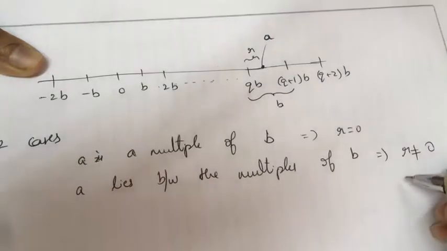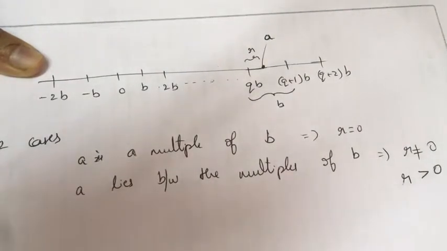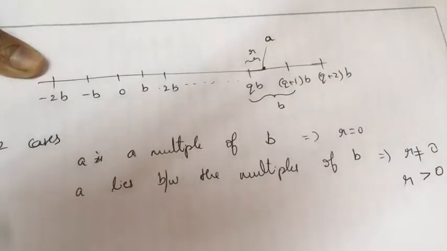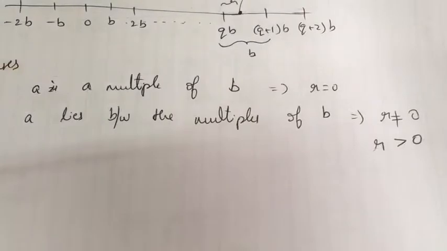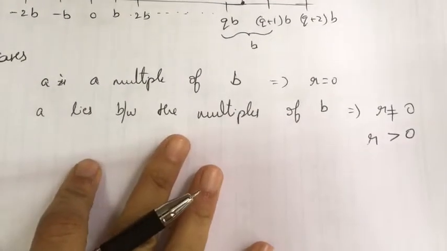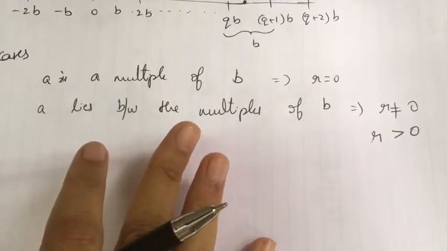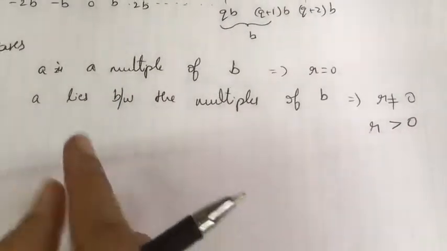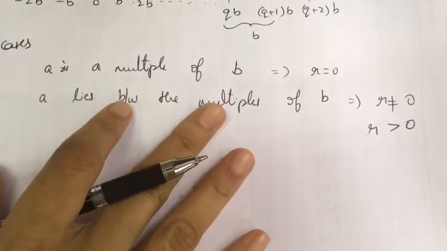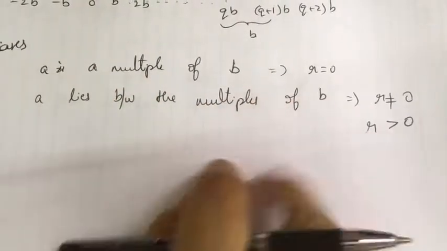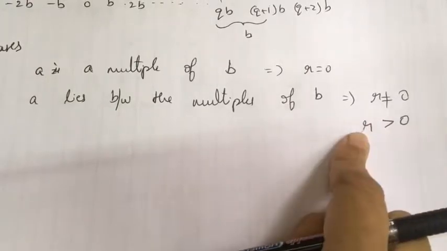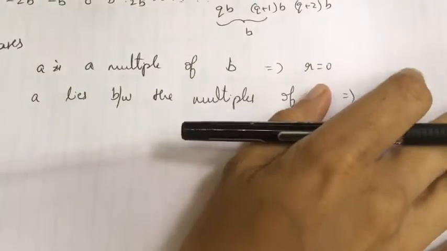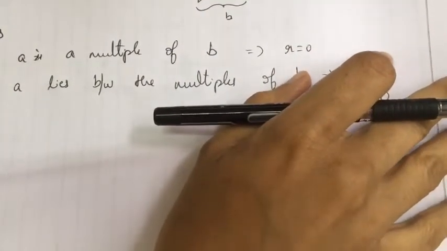Of course r is greater than 0, and in this case r is less than b. So that is what we have to prove: for integers a and b with b greater than 0, there exist unique q and r such that a equals qb plus r, where r is greater than or equal to 0 and less than b. So let us look at the proof.